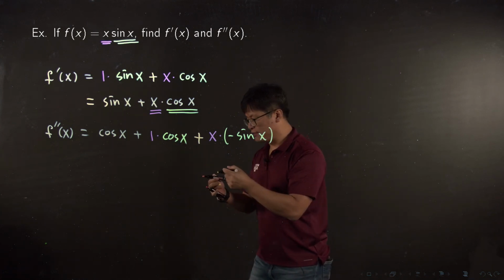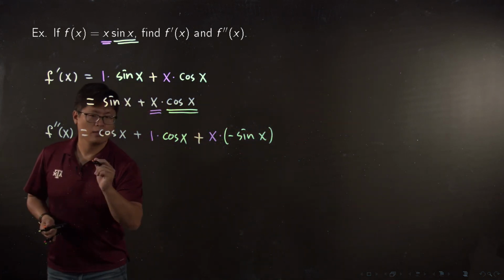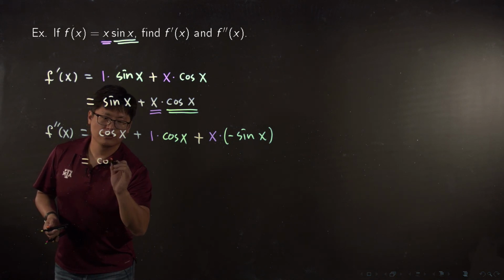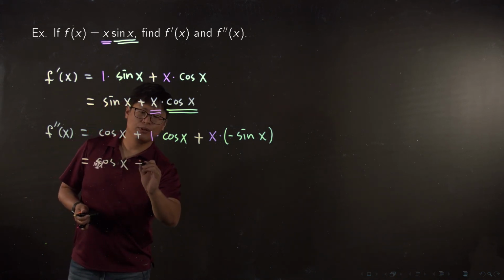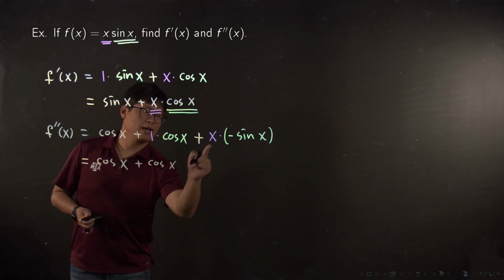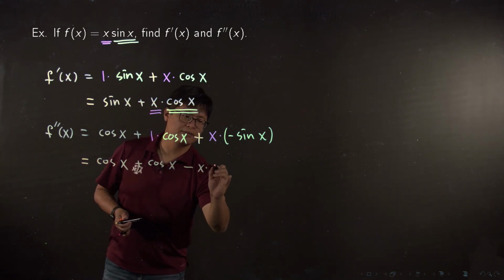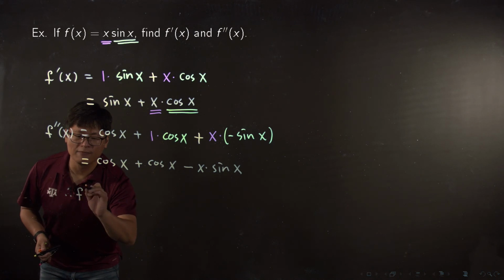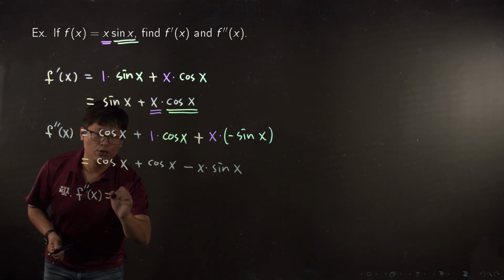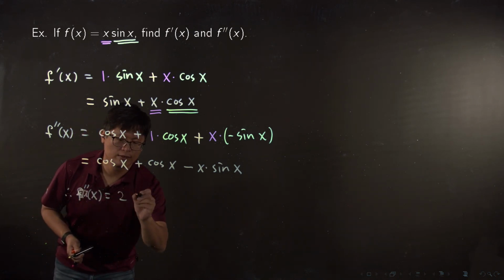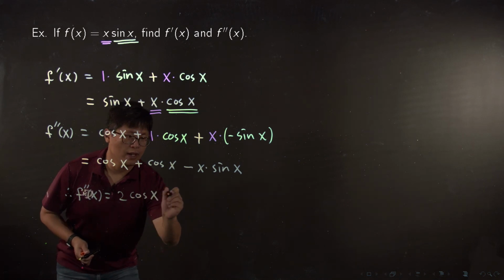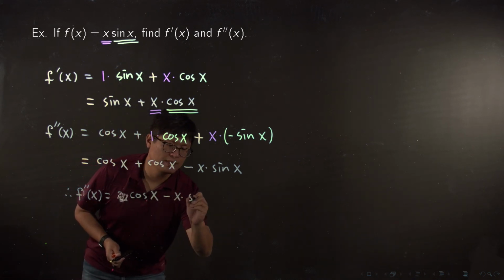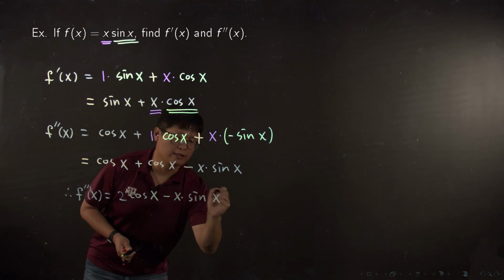That's it. Now we have to simplify. It is equal to cosine x plus cosine x, and minus x times sine x. So my final answer, f double prime of x, is equal to 2 cosine x minus x times sine x. That's it.